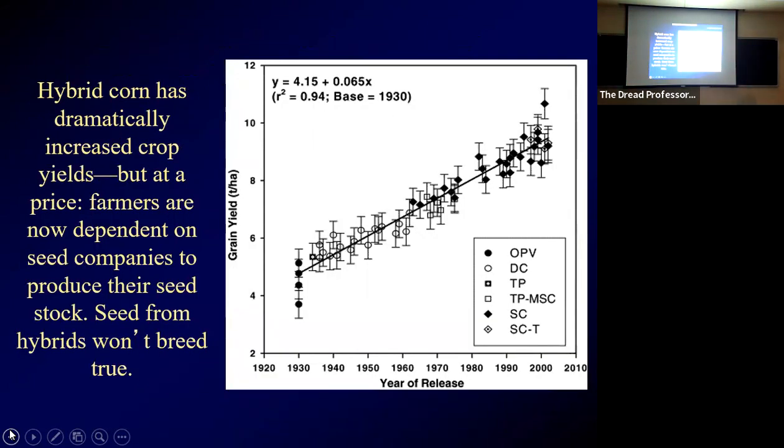And this is a large part of why, in 1930, we were producing, that's tons per hectare, about 5 tons per hectare, and in 2010, nearly 9 to 10. We've nearly doubled crop yield since 1930.